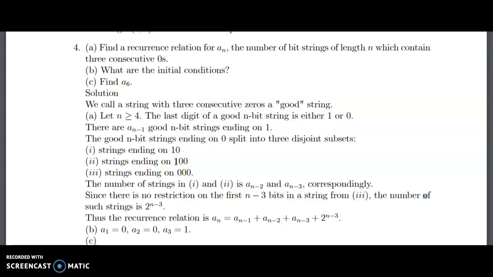In subset 2, the third last digit is 1, in subset 3, the third last digit is 0. Similarly, we obtain the number of good strings in the first two cases to be a sub n minus 2 and a sub n minus 3.